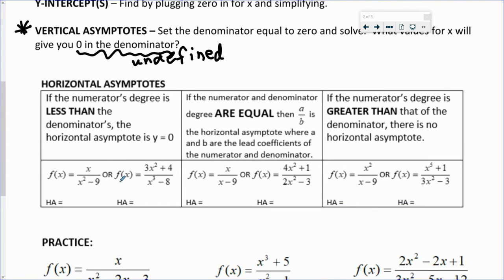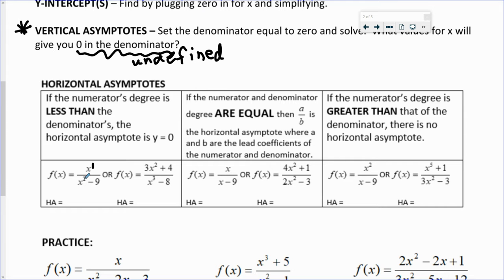There are 3 rules for horizontal asymptotes, or I should say 3 cases. There's the case where the numerator's degree is smaller or less than the denominator's degree. And if that's the case, the horizontal asymptote is automatically y equals 0. So if you look at this case here, we have an x to the 1.